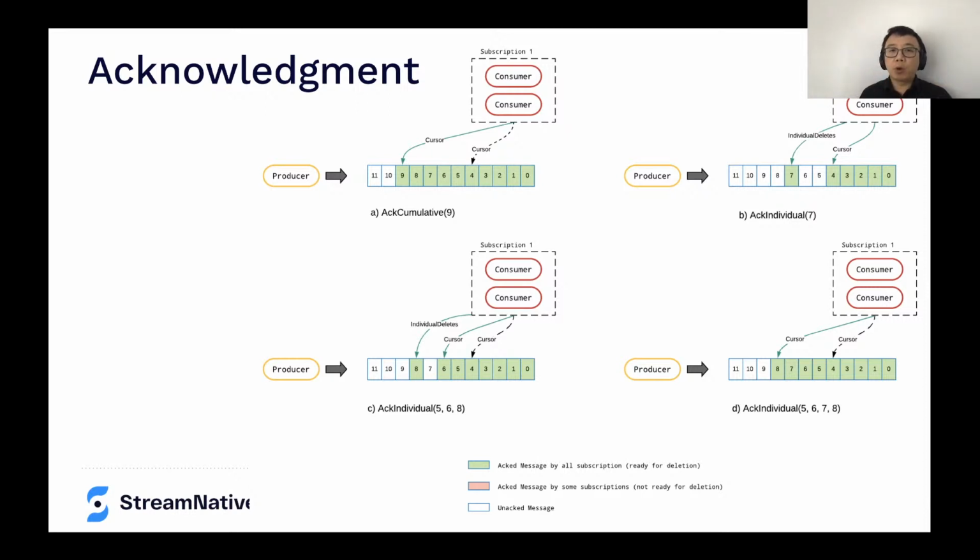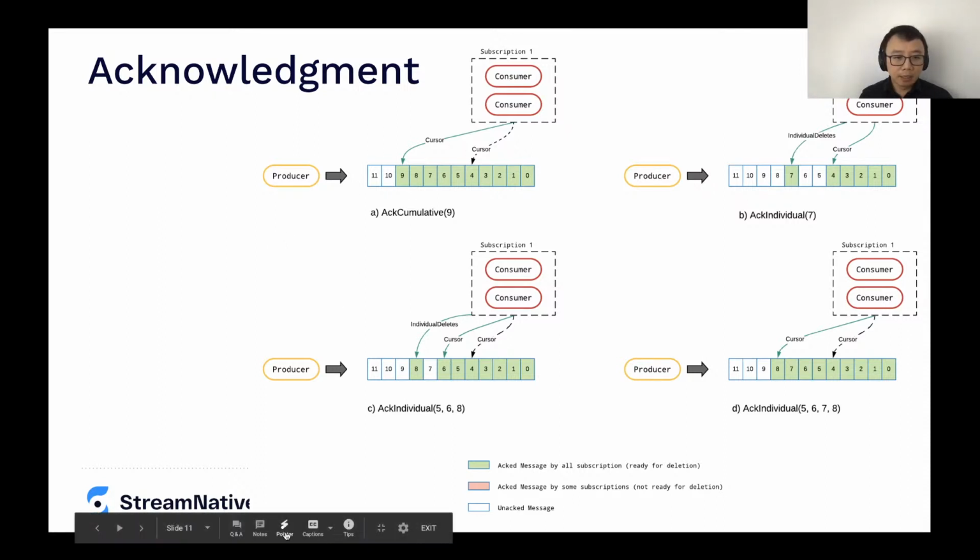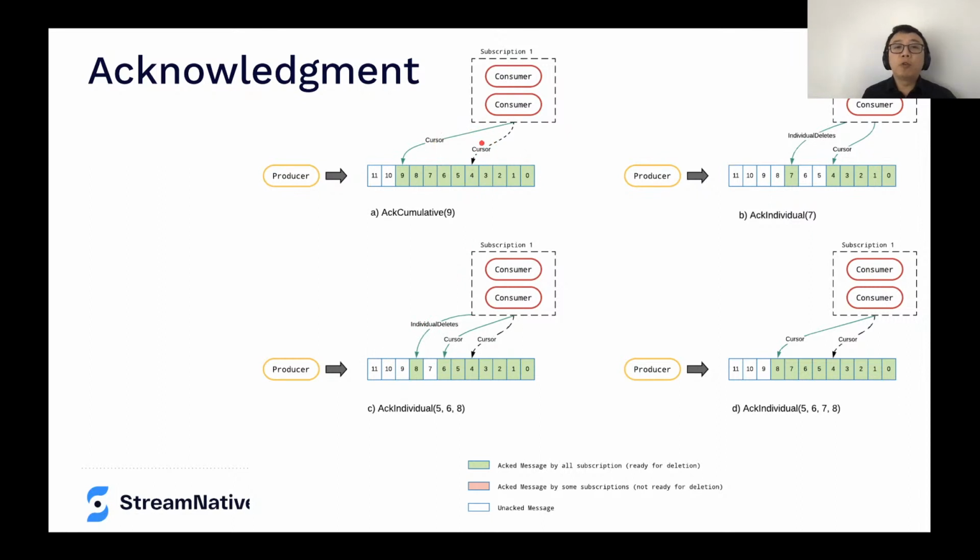When a broker receives the cumulative acknowledgement, it will update the cursor and move it to the new position, which is message 9. So this is the acknowledgement.